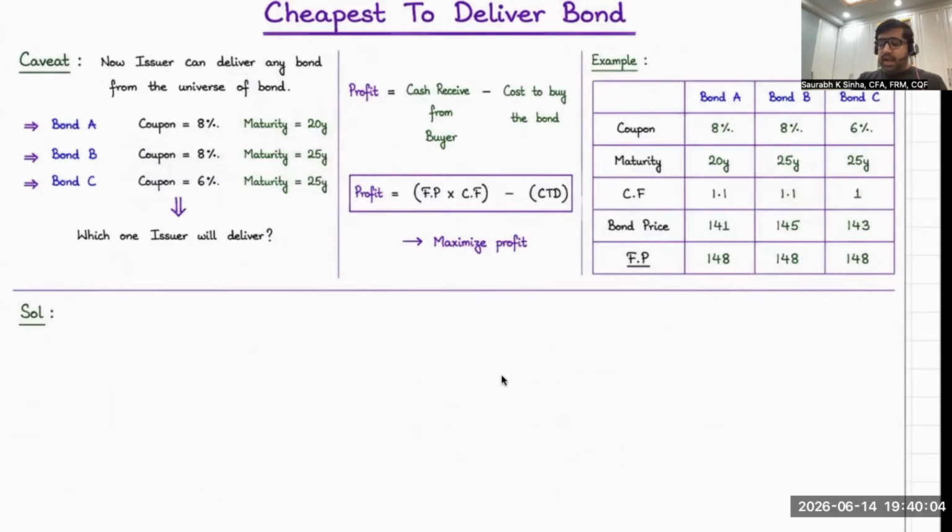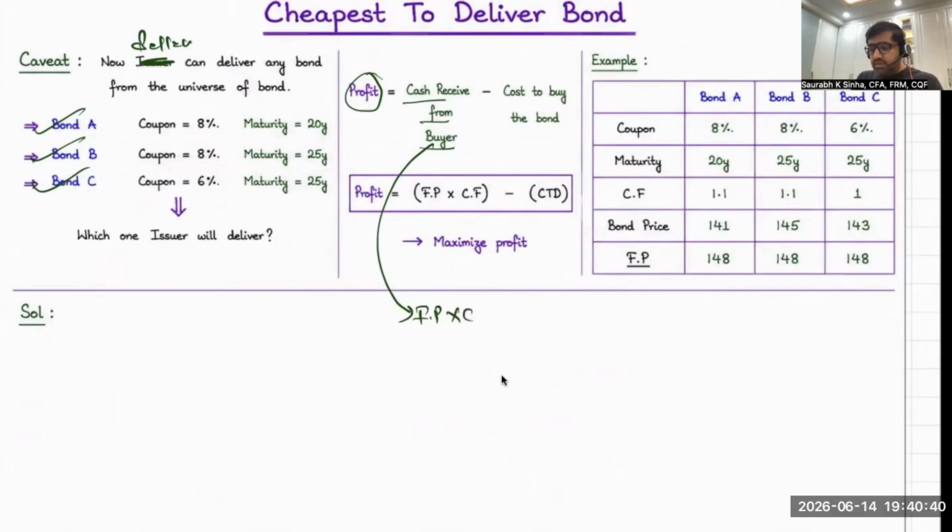So actually the seller in the contract can deliver any bond from the universe, say these are the bonds A, B, C. I can deliver any bond. I'm going to receive a fixed settlement price, the principal invoice price, which is 95% of 100,000 times the conversion factor. So what I have to do is calculate my profit. This is the cash that I'm going to receive from the buyer. What is that cash?